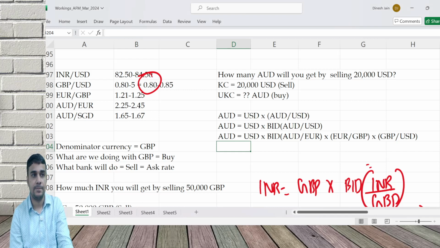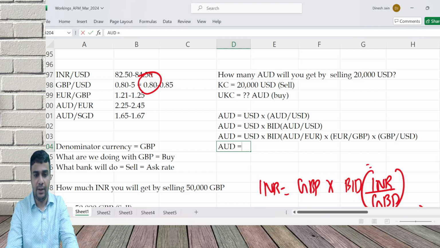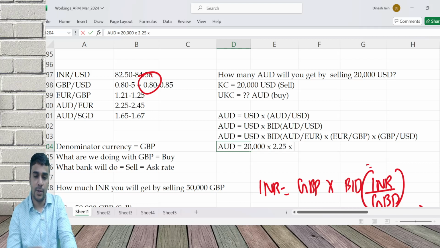Proceed. Done. So we have 20,000 into. Do you have AUD per euro in the question? How much? Do you have euro per GBP? How much? Do you have GBP per USD? How much? 0.80. You get to the answer.